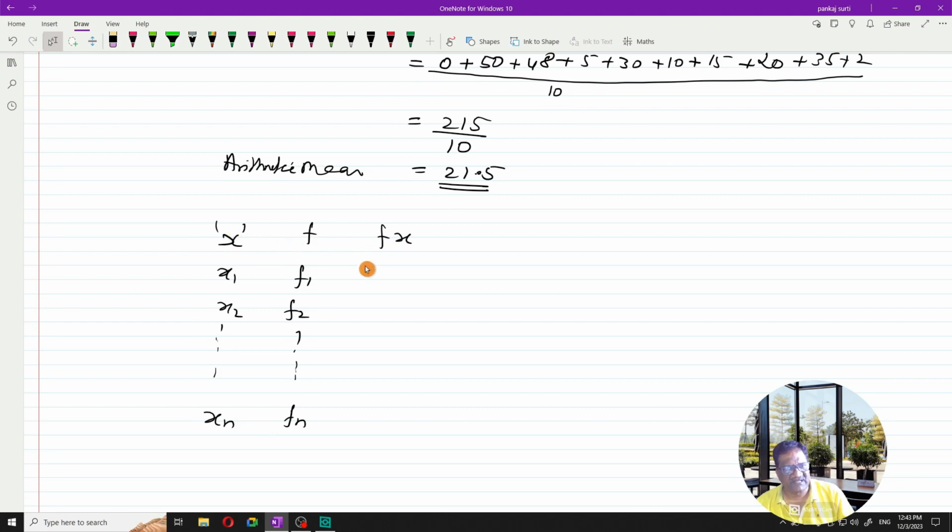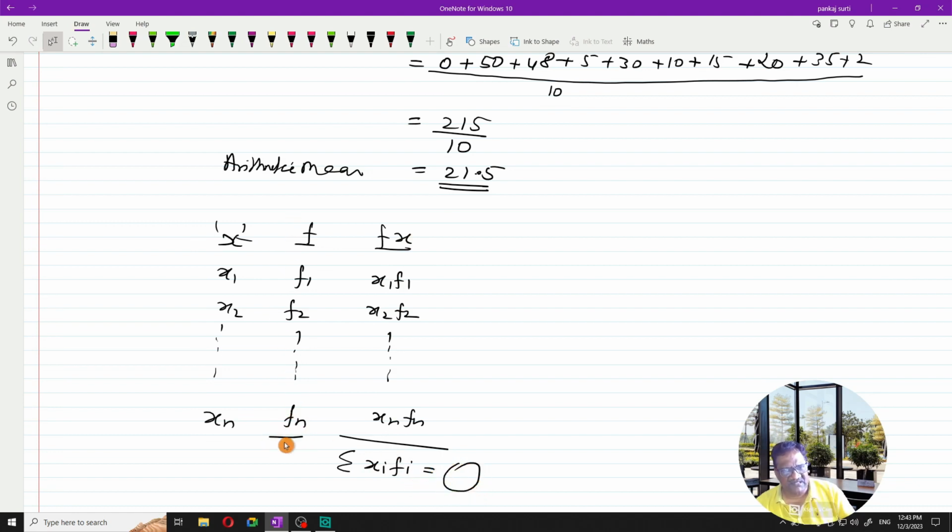You will get x1 f1, x2 f2, dot dot dot, xn fn. This is the product of the frequency and the corresponding variate value. If you total this, you get the summation of xi fi.